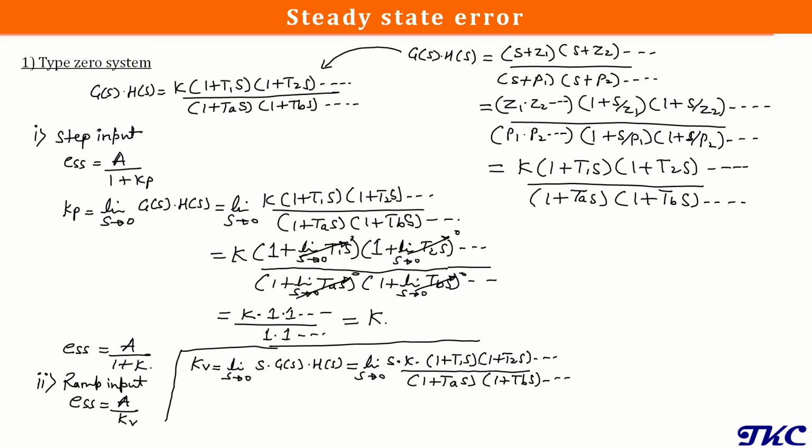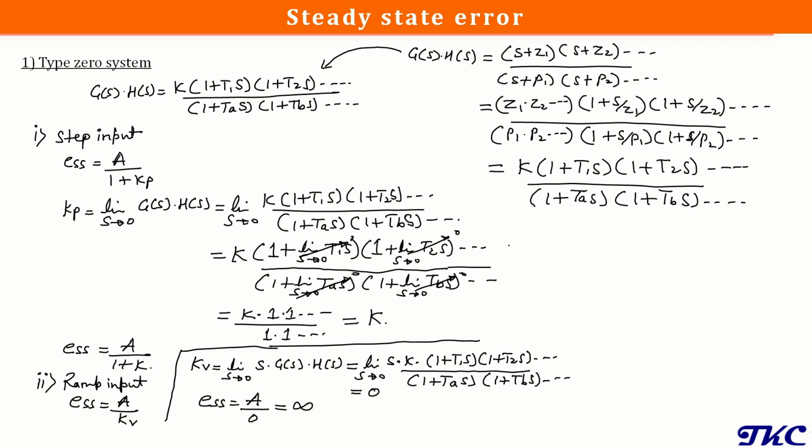So this entire term will become 0. So the velocity error coefficient for a type 0 system when we consider a ramp input is 0. Now let's find the steady state error. It will be a by kv, and we have kv as 0. So the steady state error will be infinity here.